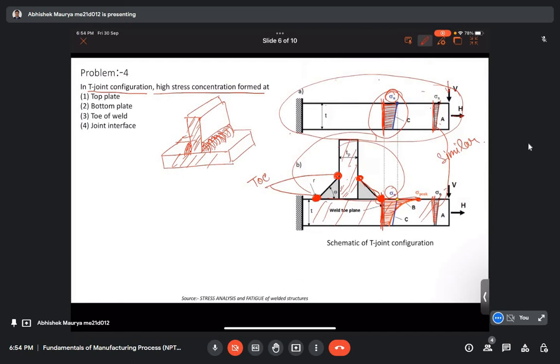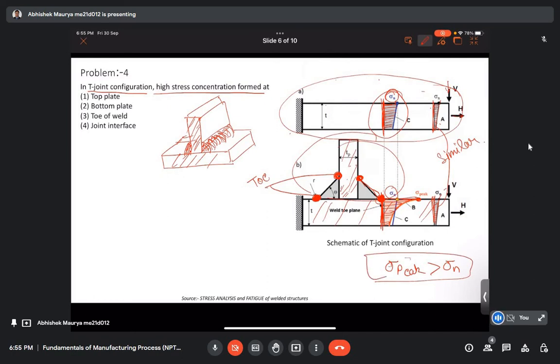near the welded joint, it is much higher than the sigma nominal value, and this happens because of the change in geometry. This happens because of the abrupt change in cross-sectional area near the toe of the welded joint, and because of this stress concentration, the sigma peak is much higher than sigma nominal.